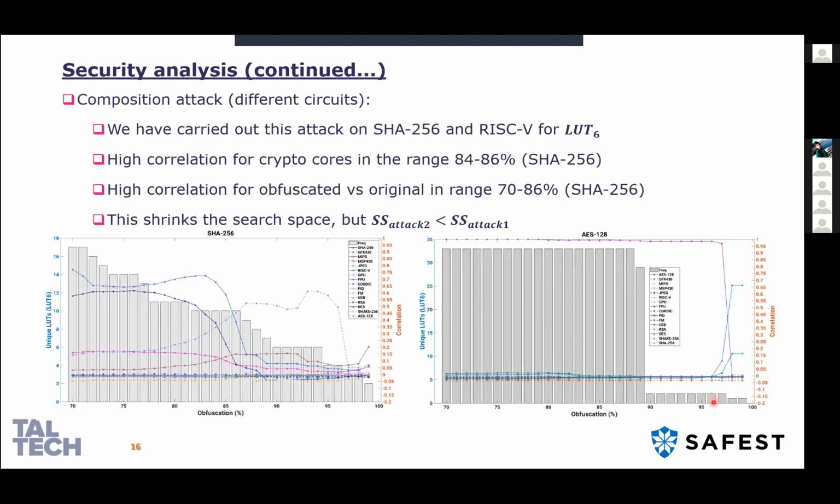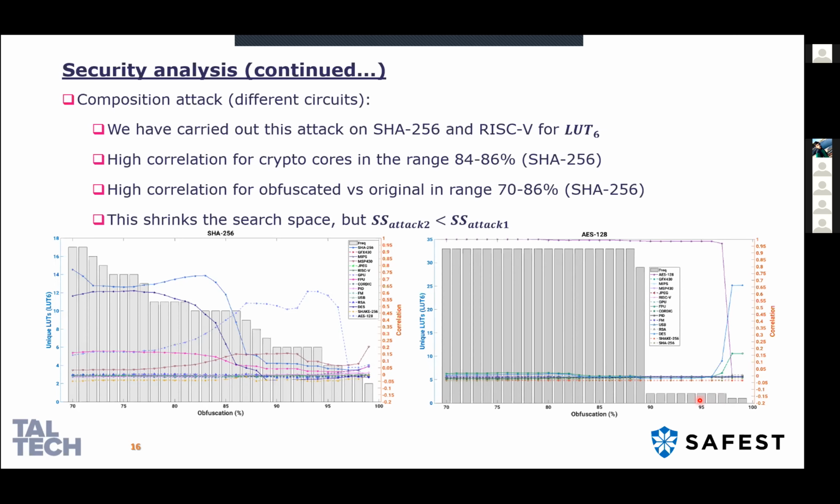Moreover, the range 97 to 100 has some level of correlation from crypto cores. And if we decrease, going from 94 towards 0, then there is no correlation for any design.